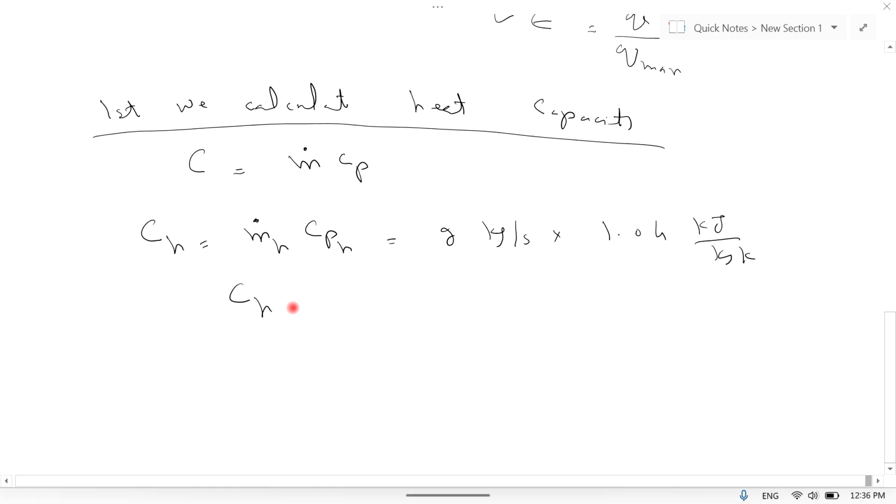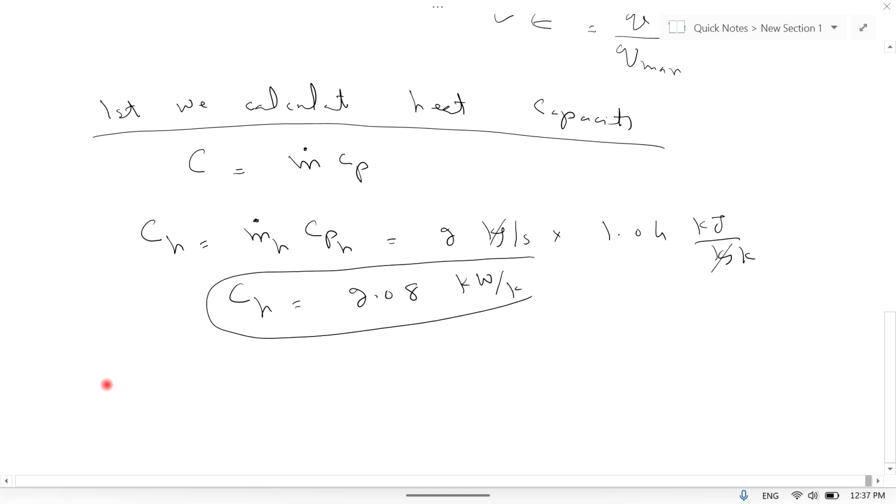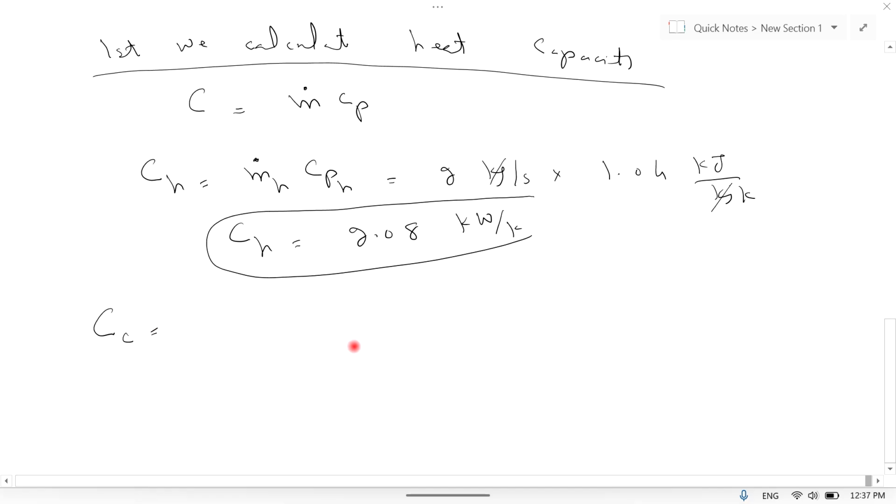So the heat capacity of hot gas is equal to 2.08 kilojoule, sorry, kilogram will be cancelled with kilogram. Joule per second is equal to watt, so this is 2.08 kilowatt per Kelvin.